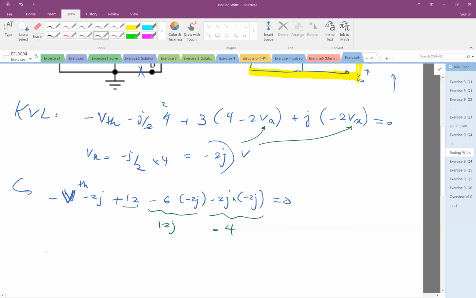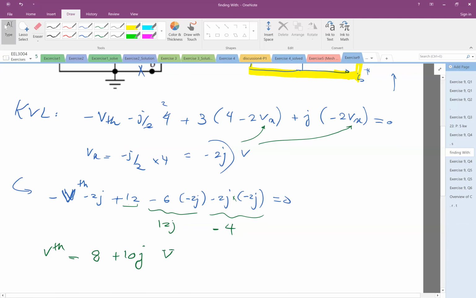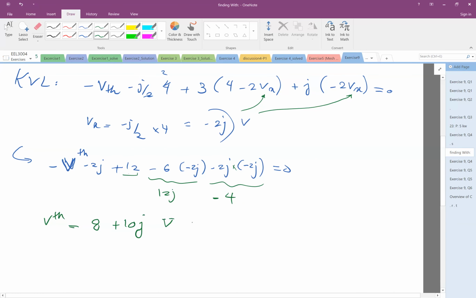So V Thevenin, to put it on the other side, is equal to 12 minus 4, which is 8, and then 12j minus 2j is 10j. This is in Cartesian format, but I need to know the magnitude.